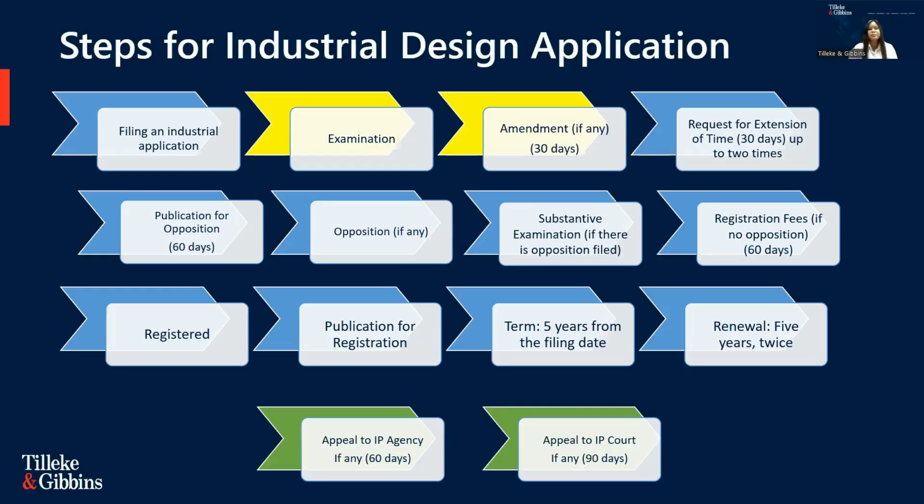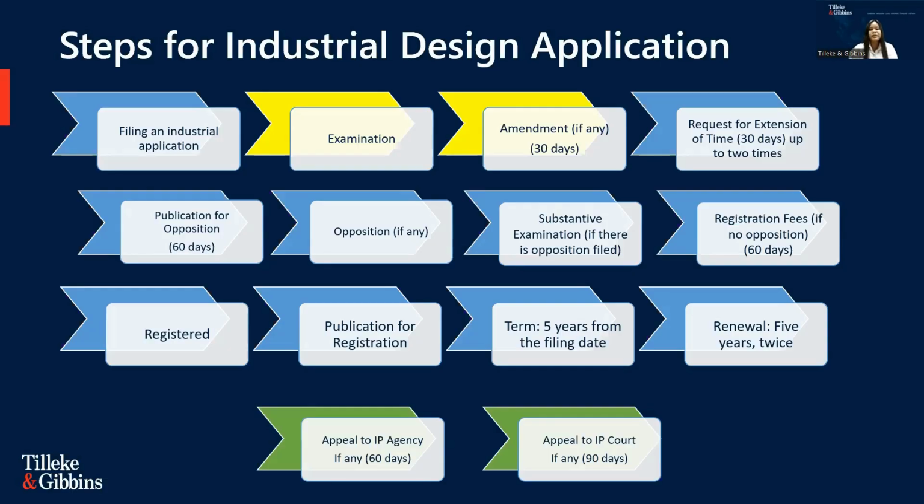During the application process, if any party, like the applicant or an opposing party, does not agree with any decision of the registrar, an appeal can be filed at the IB agency within 60 days from the date of such decision.